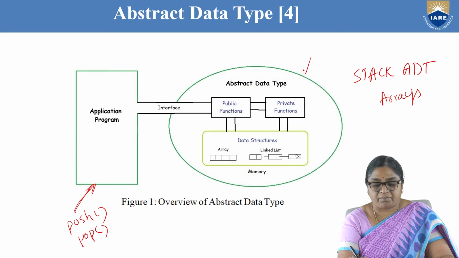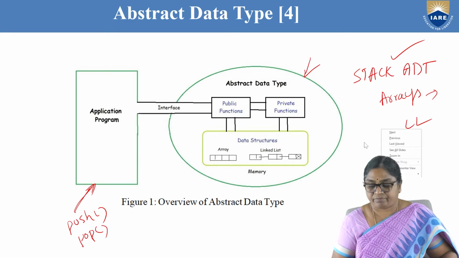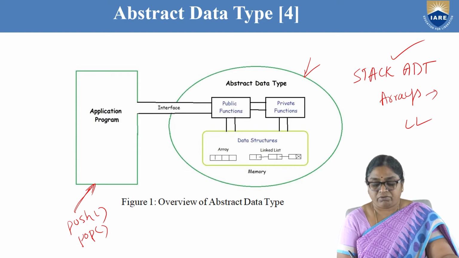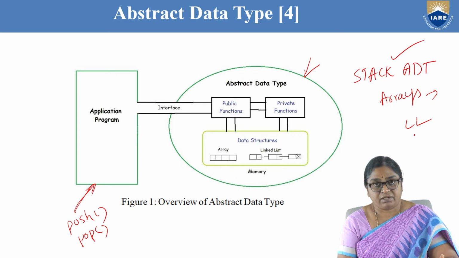Later, if I want to upgrade this stack ADT from arrays to linked list, then I can modify the stack ADT with linked list. Even though I change the implementation from arrays to linked list, the application program doesn't know about that.